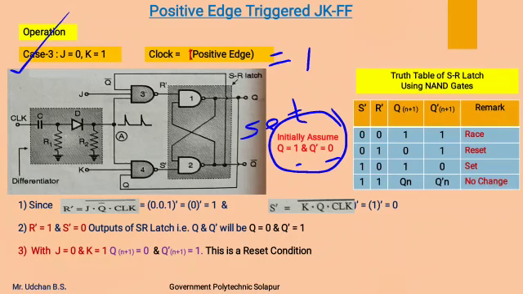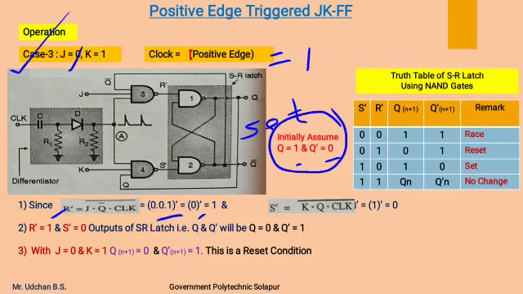Since we know the expression for R dash, that is J, Q complement, clock, its complement, we know the values of J, Q complement and clock. The value of J is 0, Q complement is also 0, which we have considered, and the clock is at a positive edge, meaning its value is 1. So we get 0 into 0 into 1, its whole complement. 0 into 0 into 1 gives 0, and 0's complement gives 1, so R dash becomes 1.